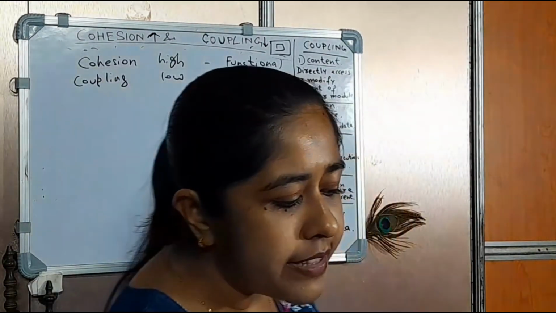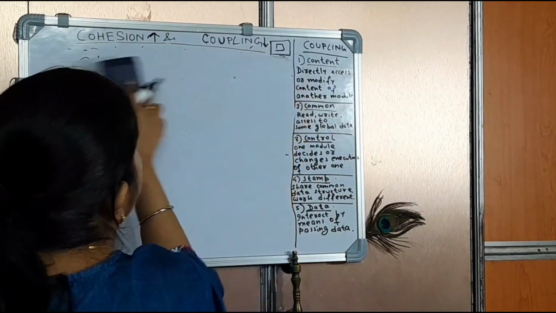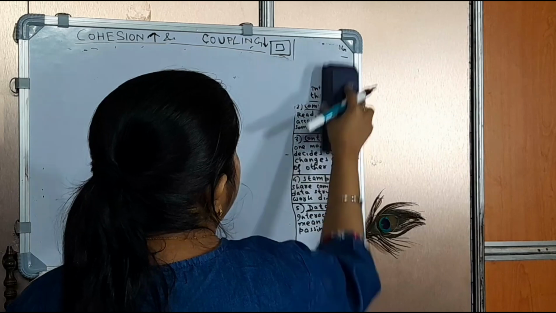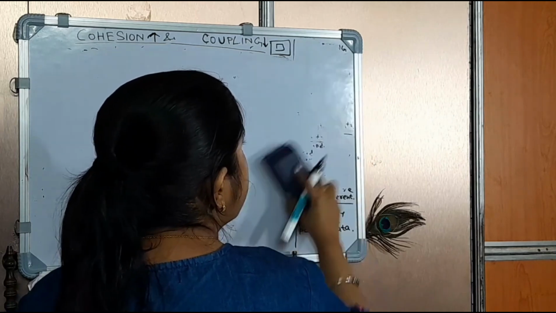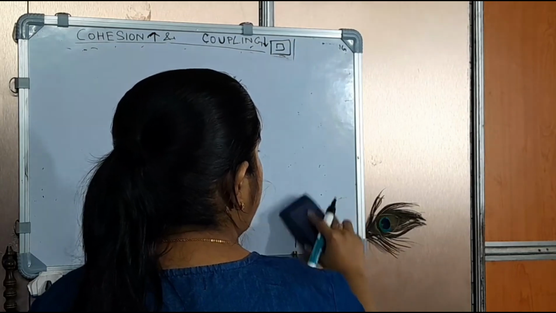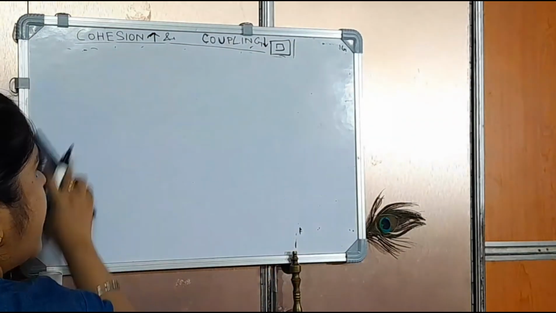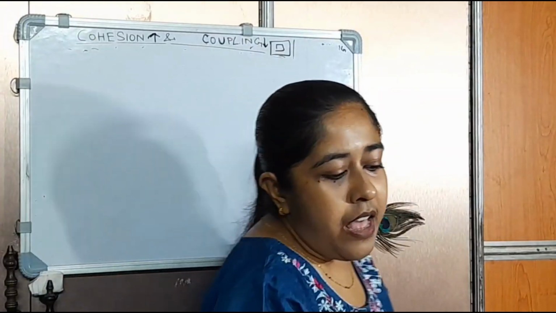Clear? Now we will see about design verification. This is what happens in our designing phase. As we have seen in previous classes, there were different designs and levels of designing in the designing phase.